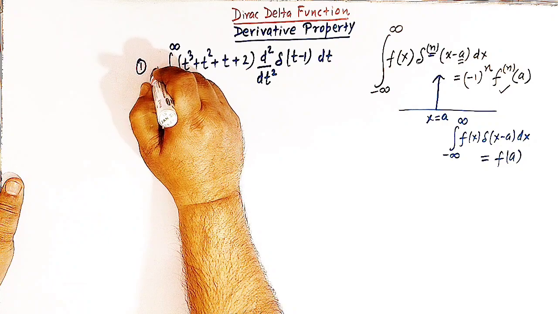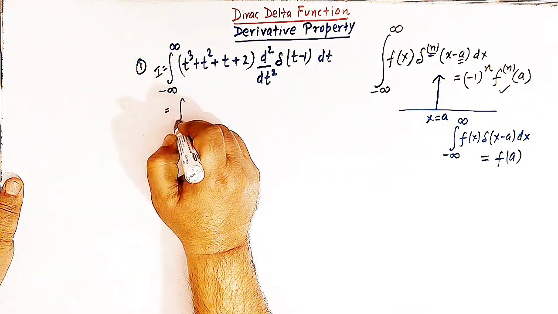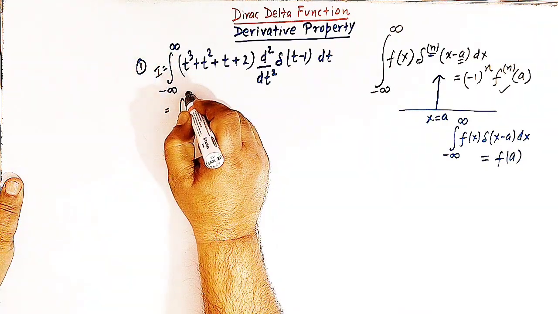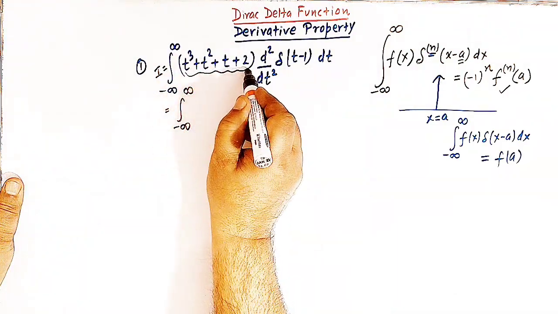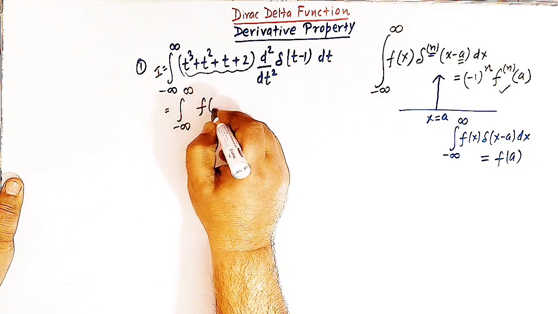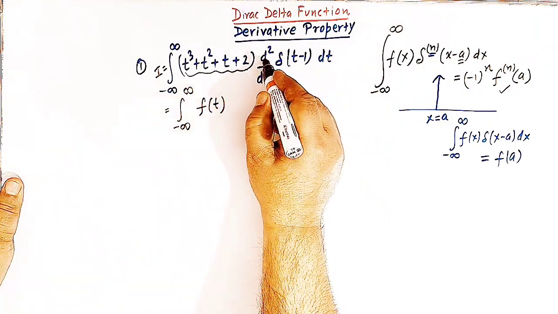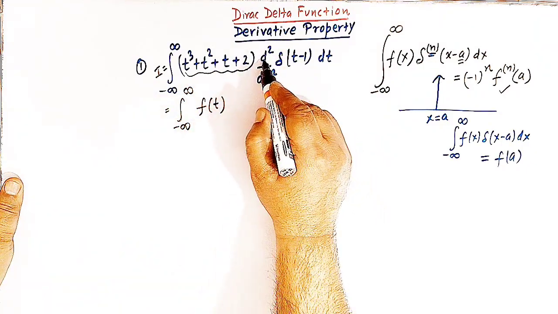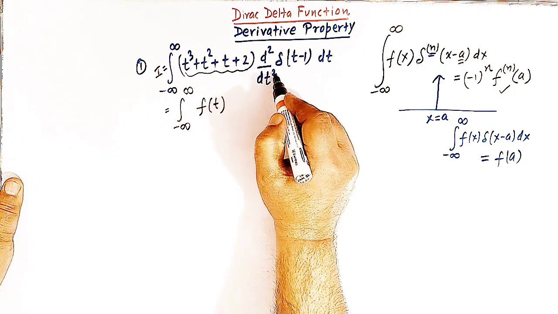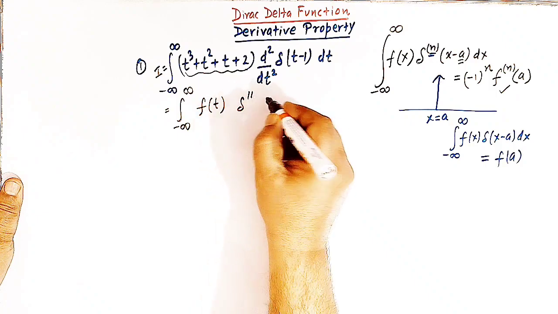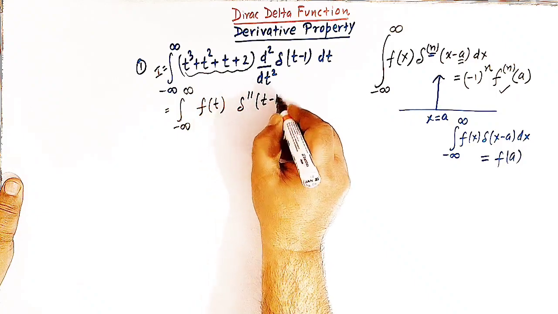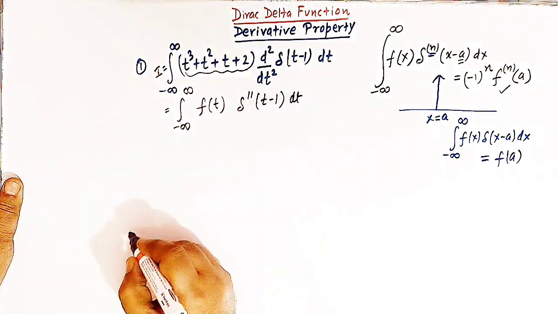So let us call this integral as I, and let us rewrite this integral as minus infinity to infinity. We can take this function as f of t, and here this notation, that is d2 over dt2, can be written as delta double prime, and we have t minus 1 dt, right?